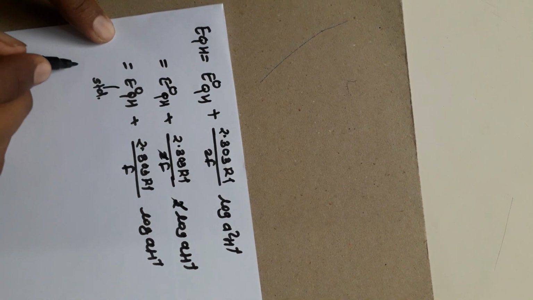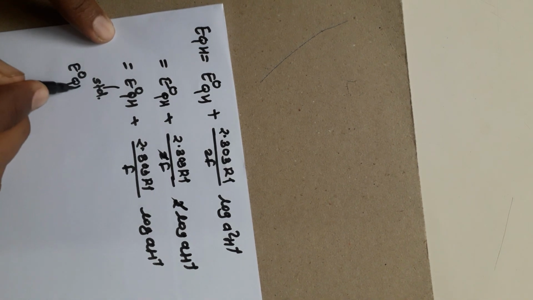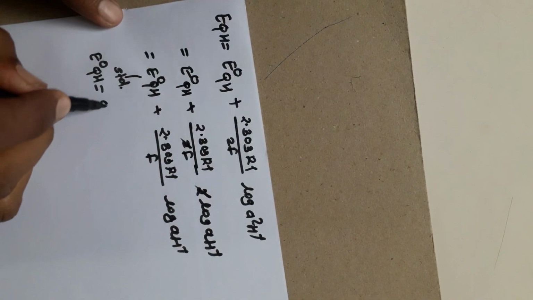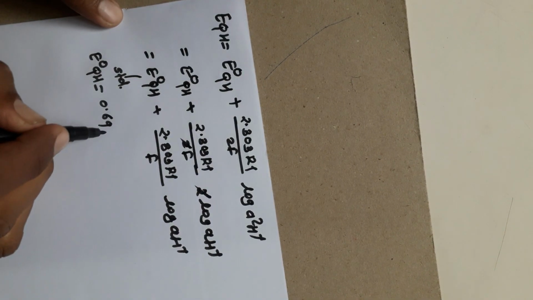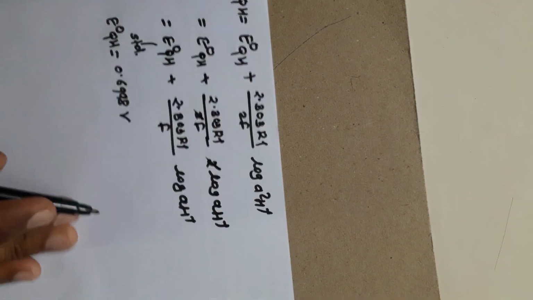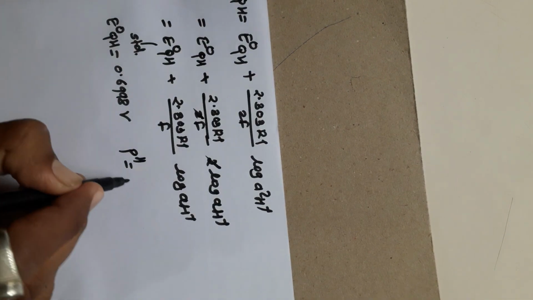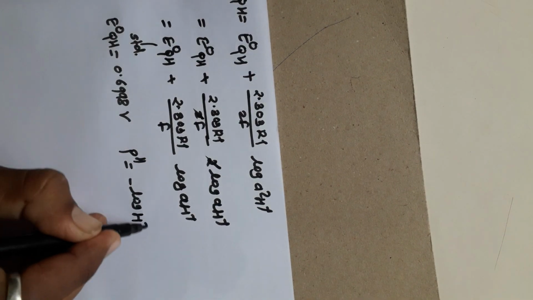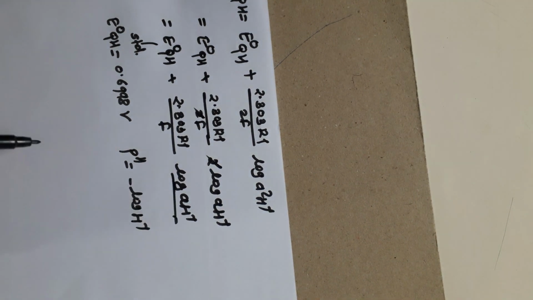What is the value of this? E0 quinhydrone is equal to 0.6998 volt, and pH is already known as the negative logarithm of H plus ions.